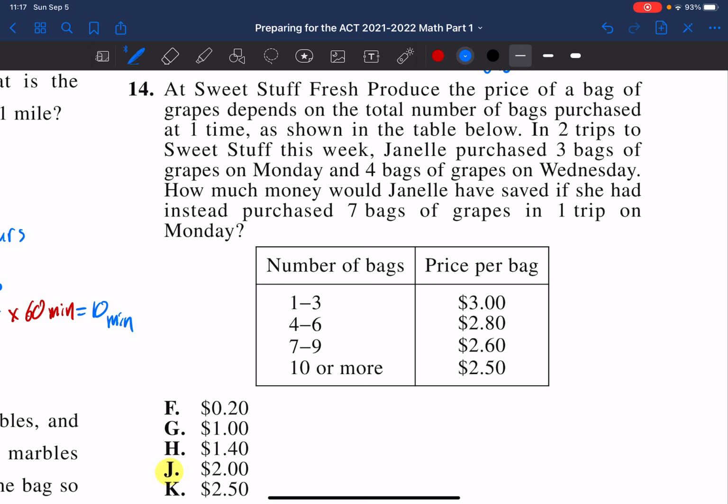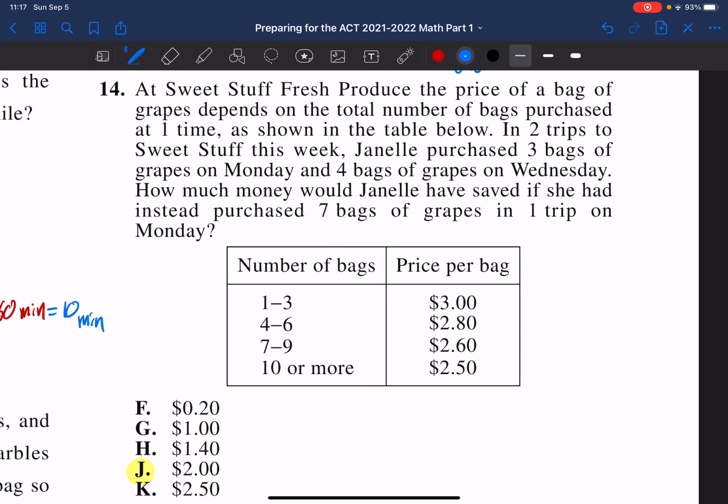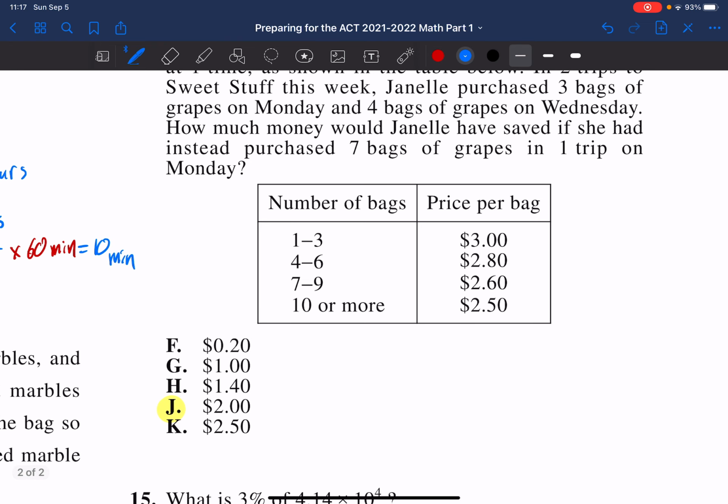So on our first trip, she purchased 3 bags. So 3 bags times $3 a bag equals $9.